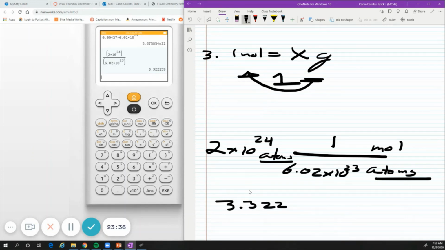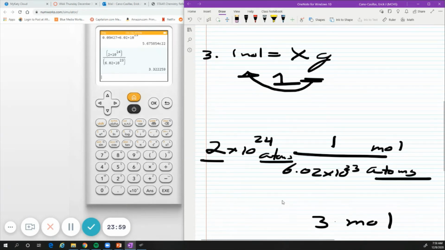I don't need that many. My given only had one significant figure, so I'll stop at 3. And that's it. 3 moles of, I didn't give you an element, so it doesn't matter, but your answer would have been 3 moles. And that's how you would do that.